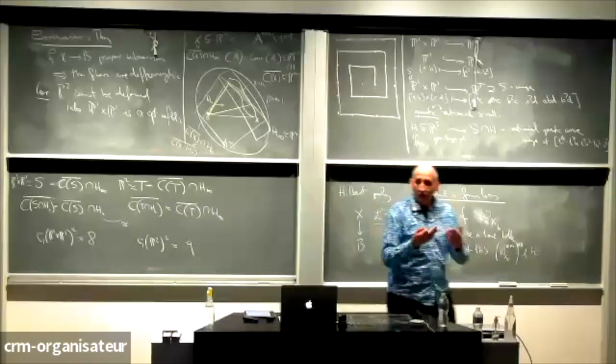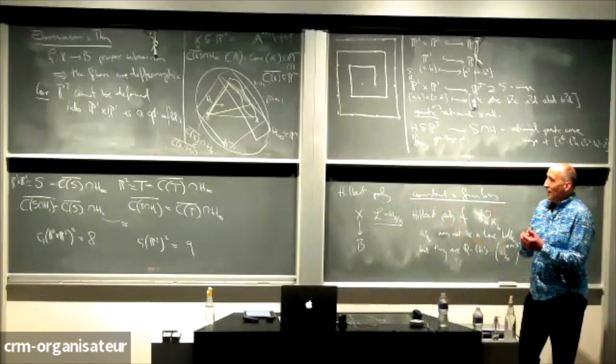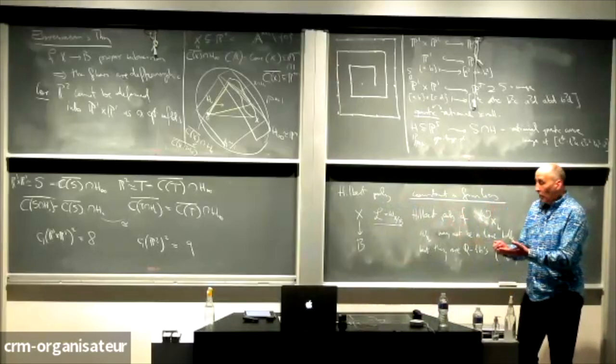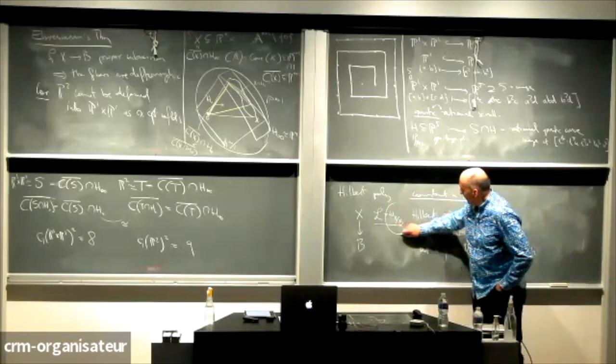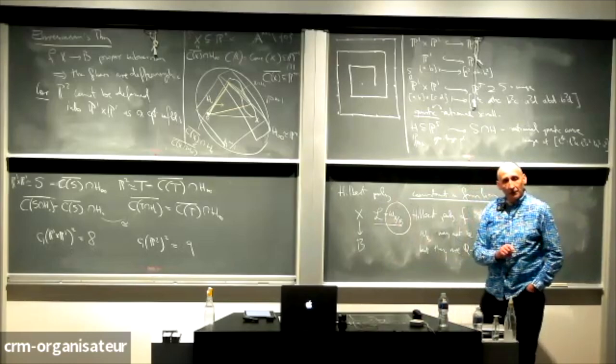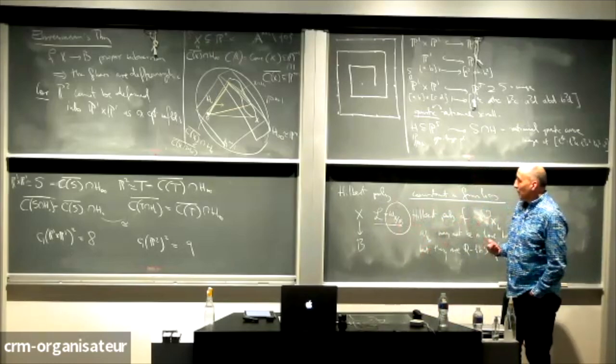And it foreshadows what the first step in moduli theory should be, namely, we want to require that this guy is actually a Q-line bundle. Not just that it exists, but that it's a Q-line bundle.